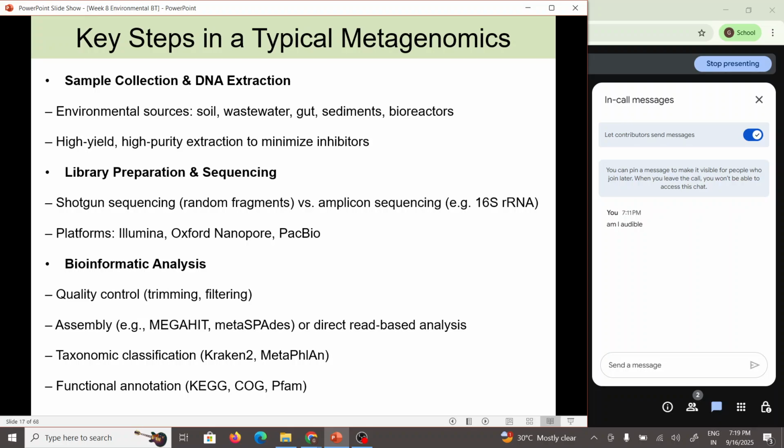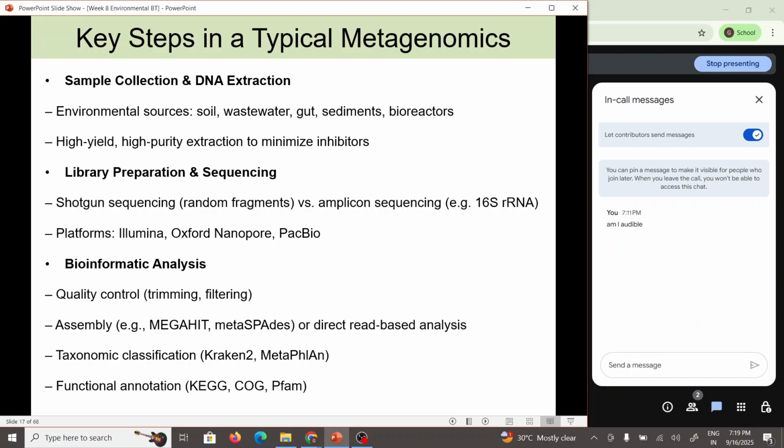So we have to be careful in DNA extraction and storage. We have to ensure that we get a high yield and also high purity DNA so that we can have reliable results during the further analysis.